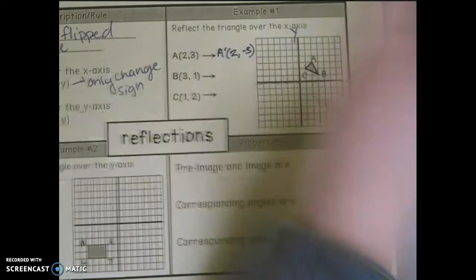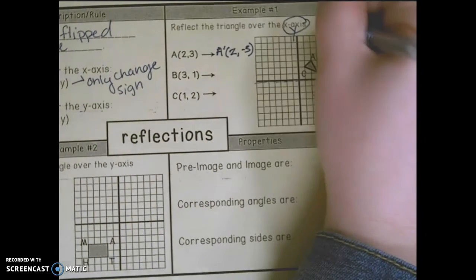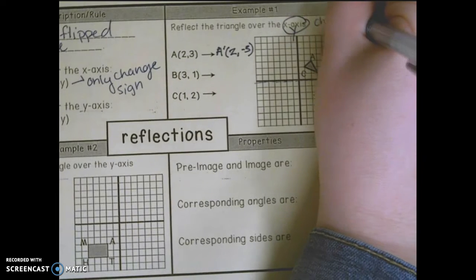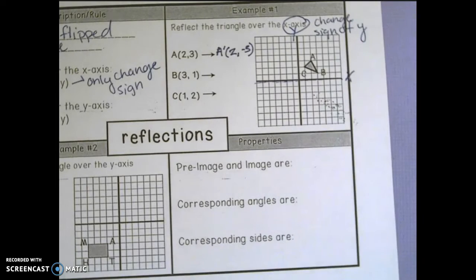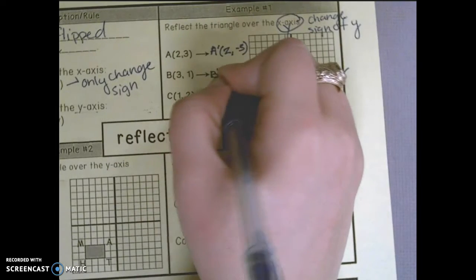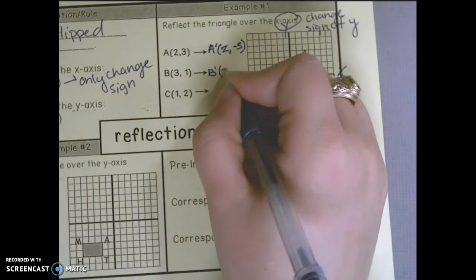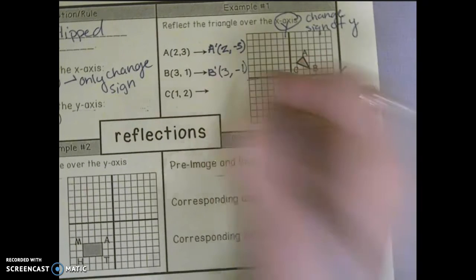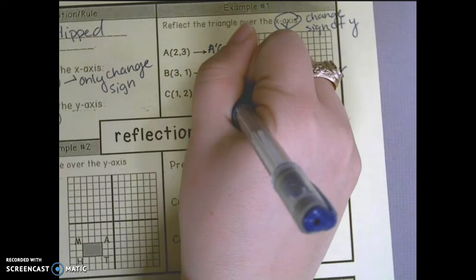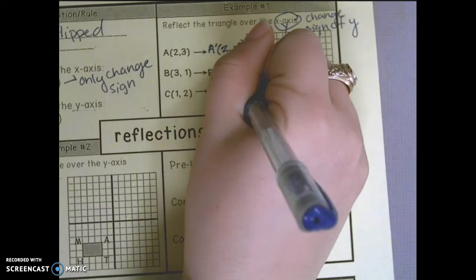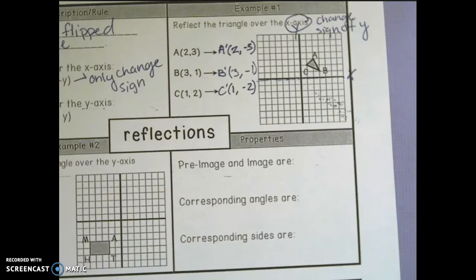So since it's x-axis, change the sign of y. So B would be 3 and -1. C, my x stays the same, which is 1 and -2. I don't change the value of my numbers, only change the sign.